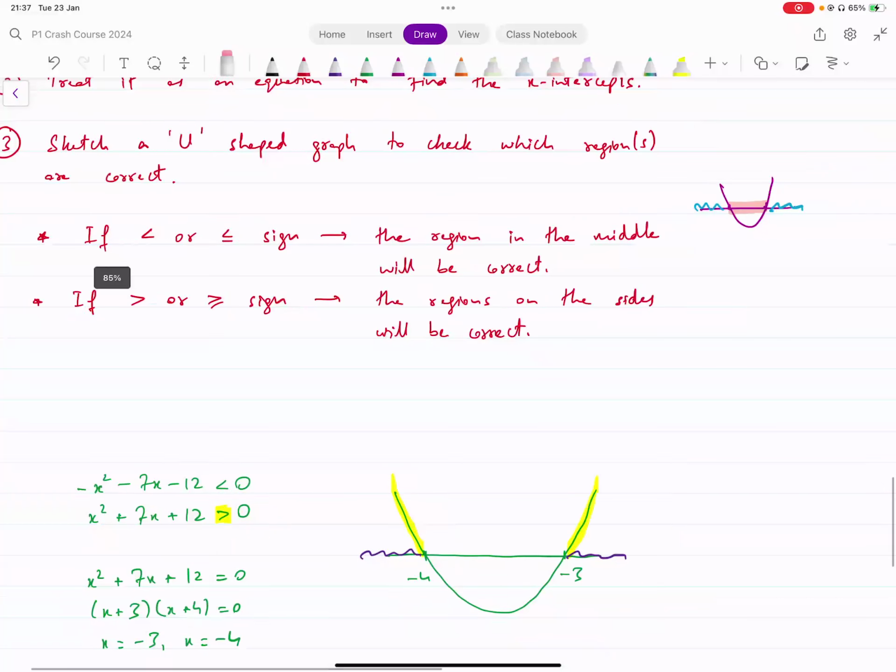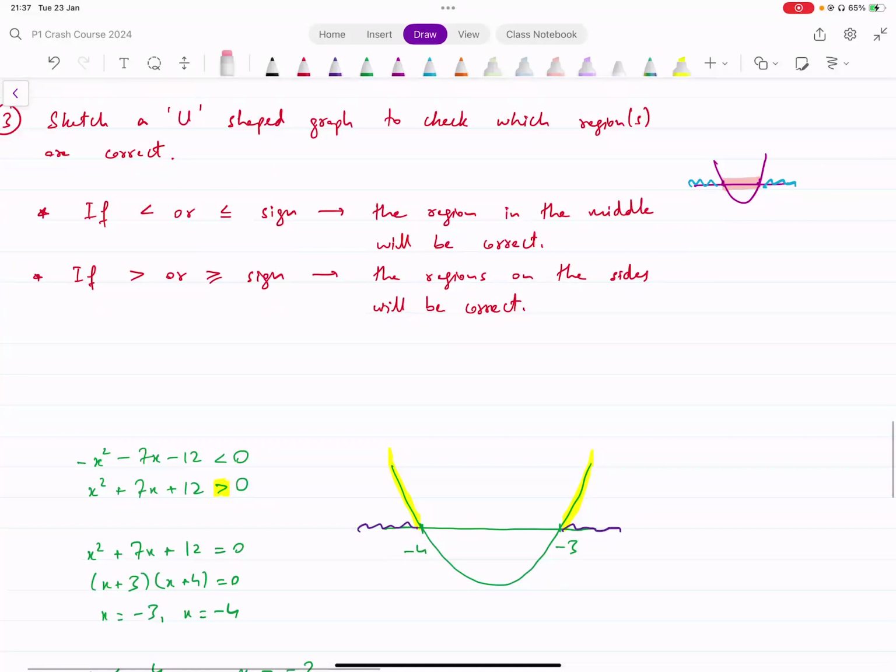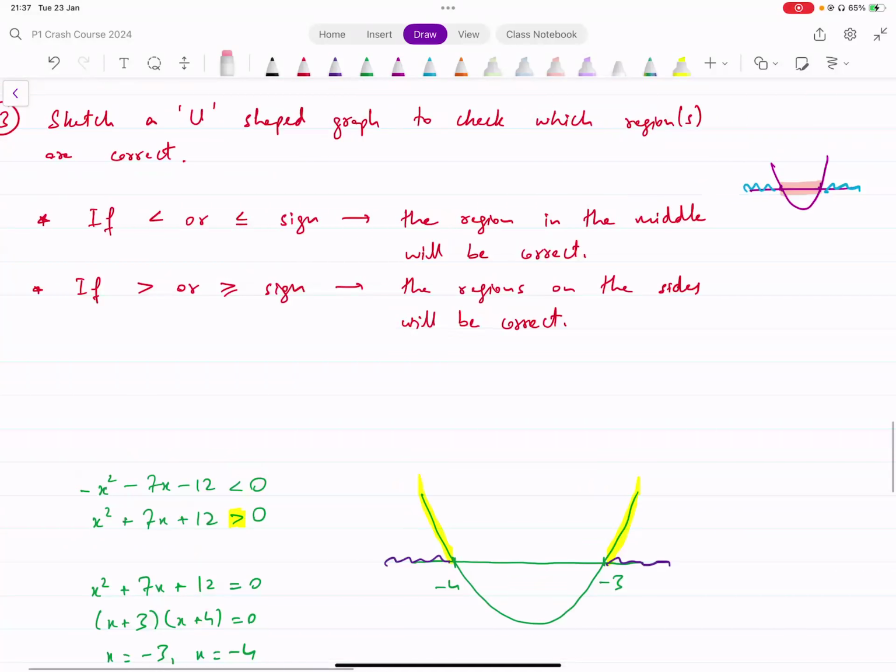So when you always make it a U-shaped graph like this, by making the coefficient of x squared positive in the very beginning for the inequality, then you could just remember this rule. So you might not sometimes need to even sketch the graph. You could just do it directly that, okay, if it's a less than or equal to sign, it's going to be the middle region. If it's a greater than or equal to sign, it's going to be the regions on the sides. But that's optional. You don't necessarily have to do it.